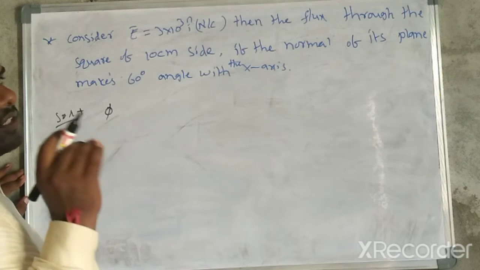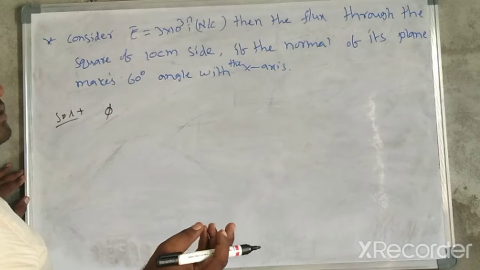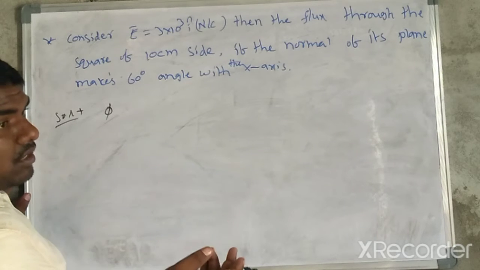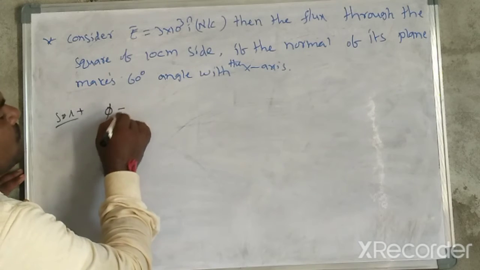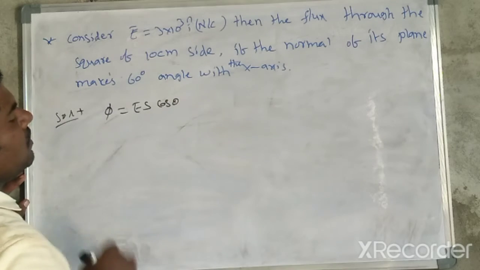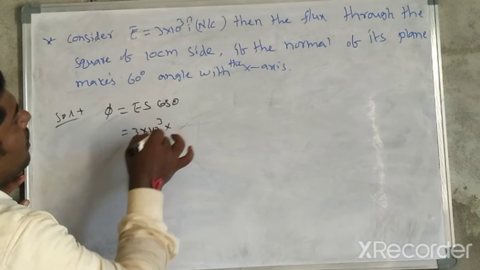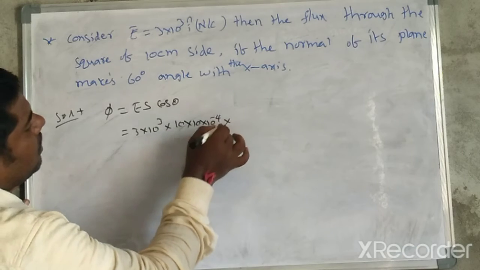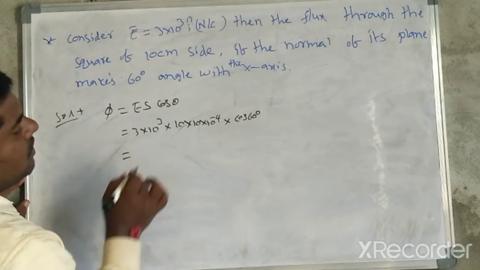My dear students, remember that flux coming out of the surface is always positive, and flux into the body is negative. The general formula is E S cos theta, where E is 3 into 10 to the power of 3, and S is 10 into 10 into 10 to the power of minus 4, into cos 60.